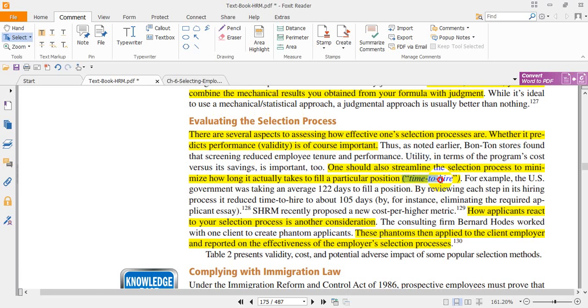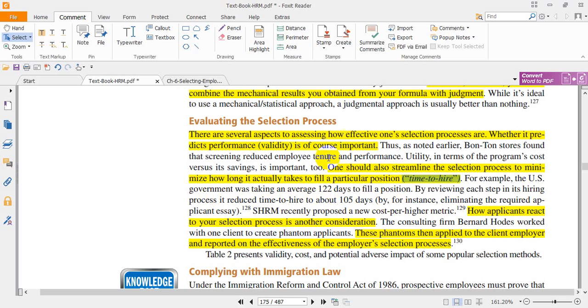Time to hire is how long it takes to fill a particular position. For example, the US government was taking an average 122 days to fill a position. By reviewing each step in its hiring process, it reduced time to hire to about 105 days.